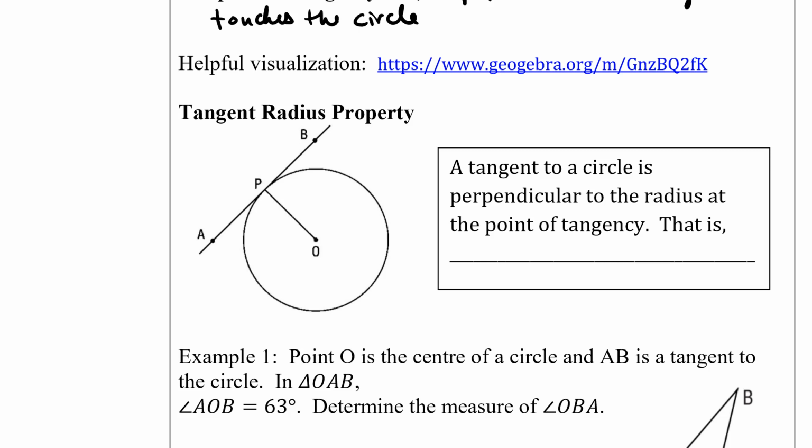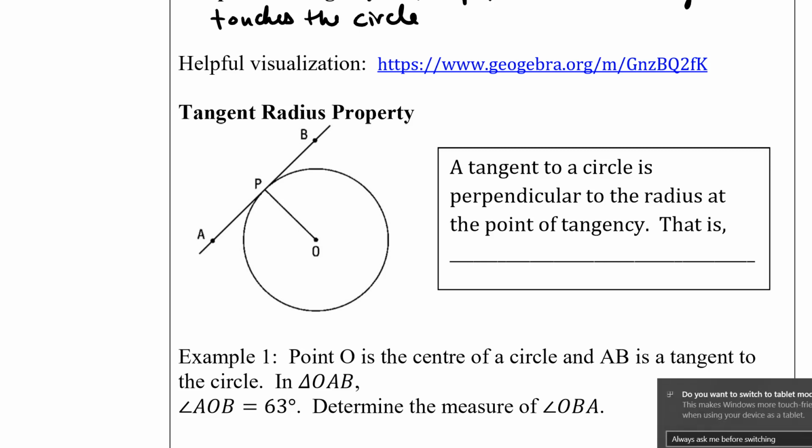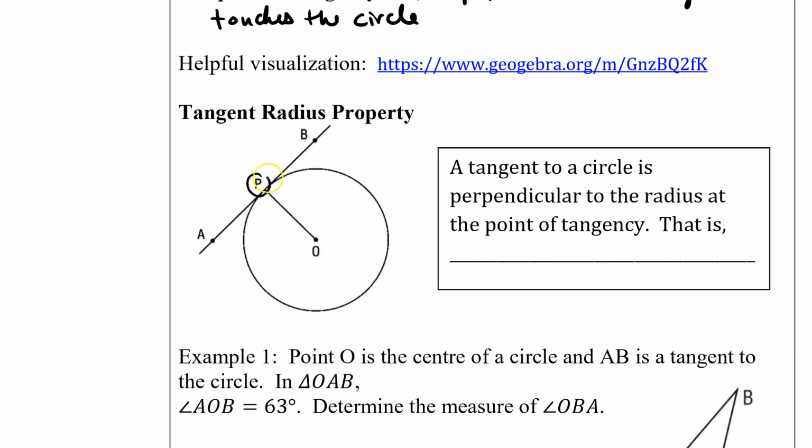If we're talking about the tangent radius property, we're saying P is the point of tangency, and this whole line here is the tangent. So a tangent to a circle is perpendicular to the radius at the point of tangency.